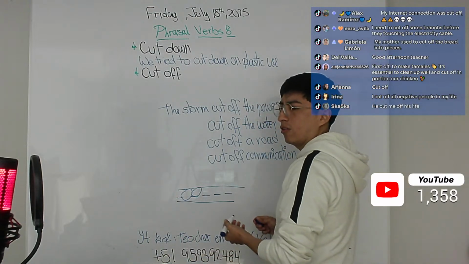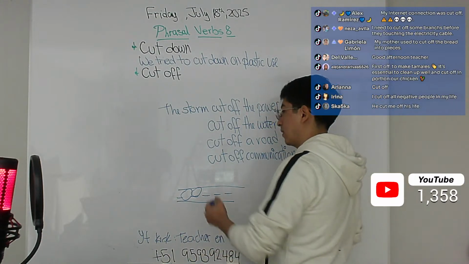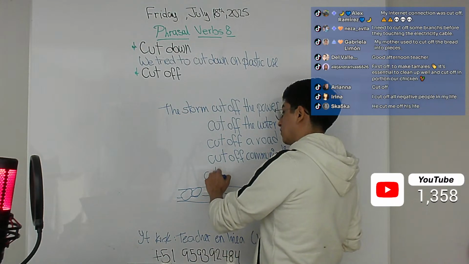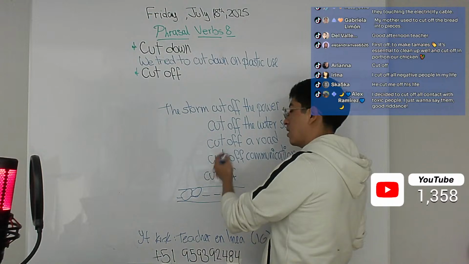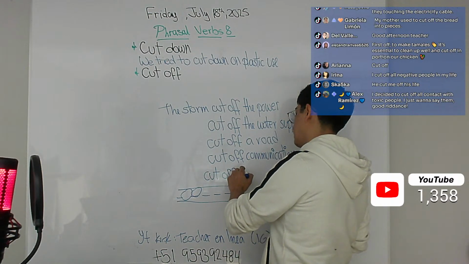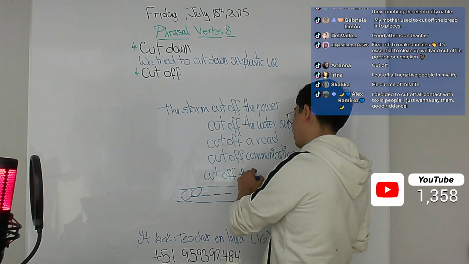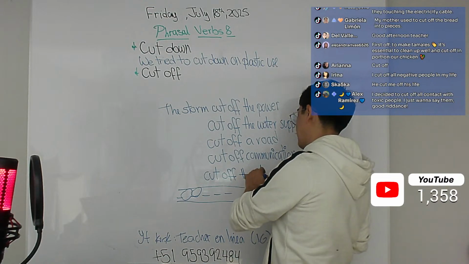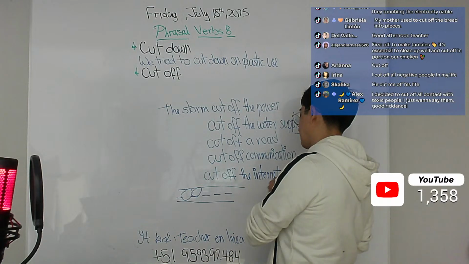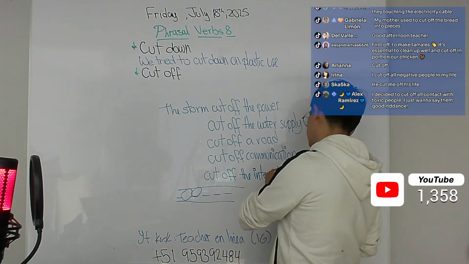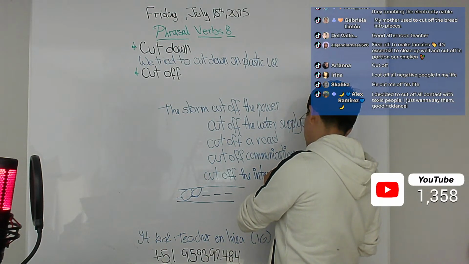Or maybe we can use here cut off internet access. My father cut off my internet access because I was spending a lot of time playing video games. Cut off the internet access.